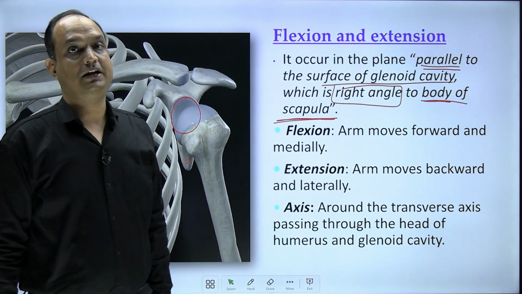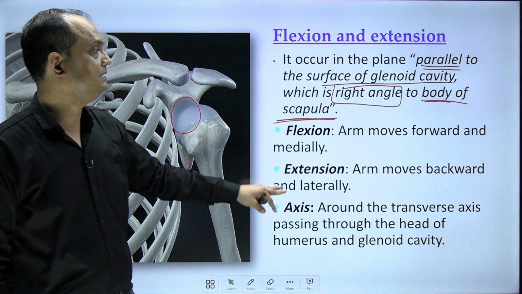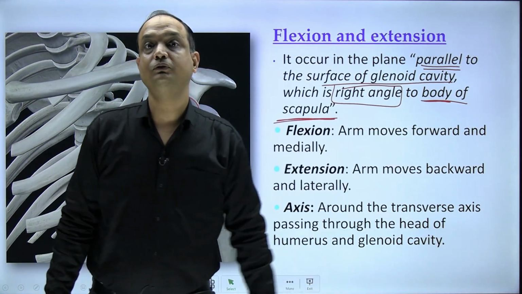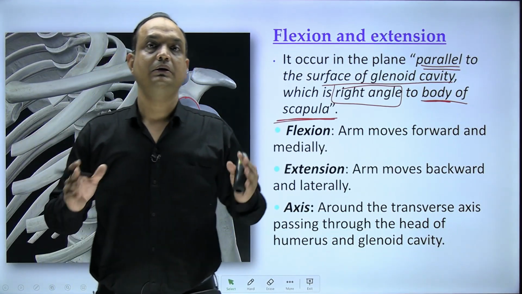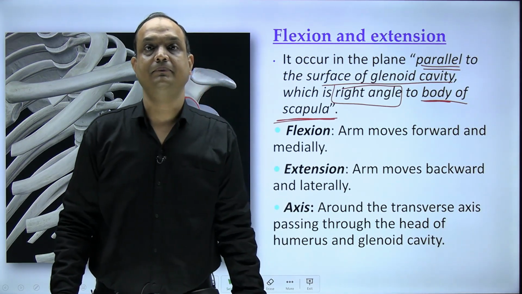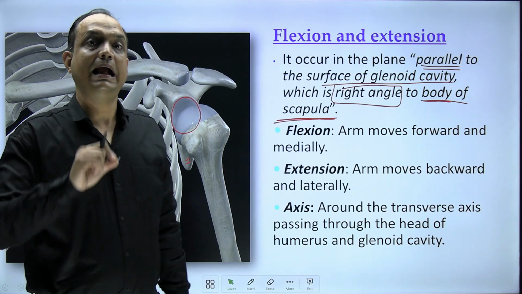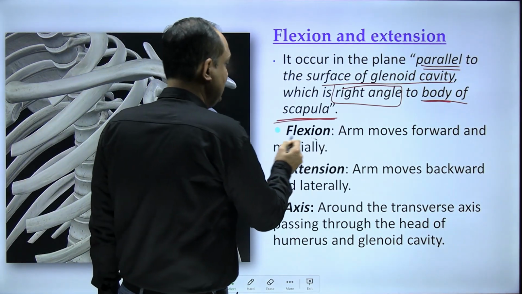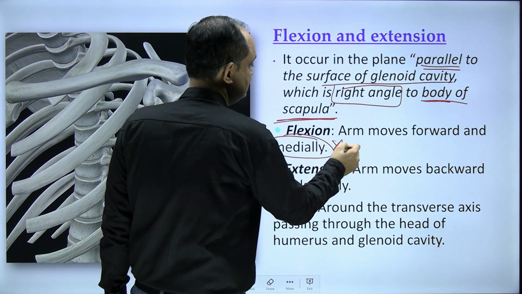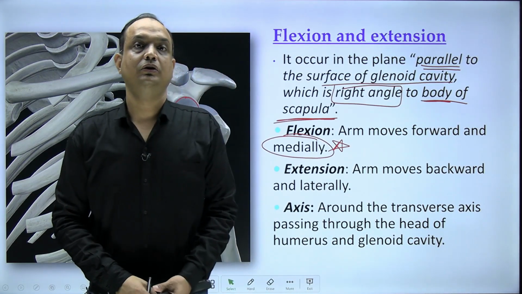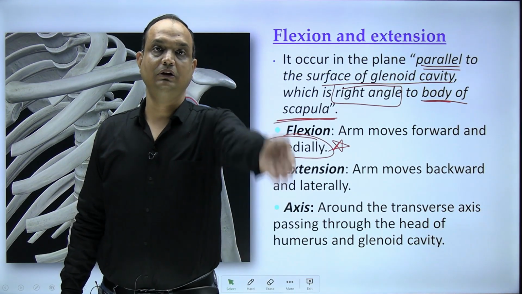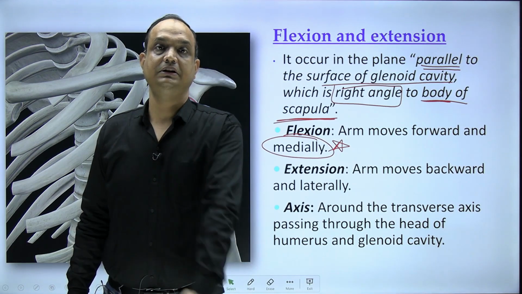So when you do flexion, flexion is when your arm moves forward, which is the normal definition of flexion. But here the arm is moving forward and medially. Why is it important to understand? Because you can do the flexion like this, and you can do the flexion like this.